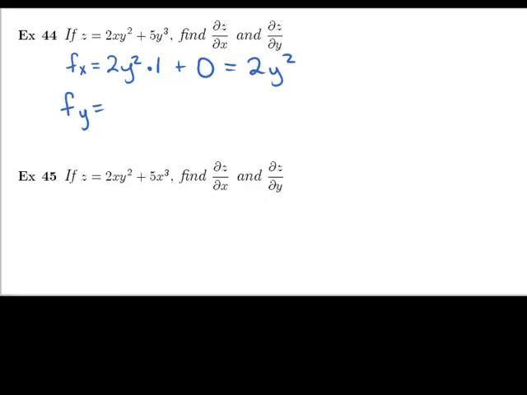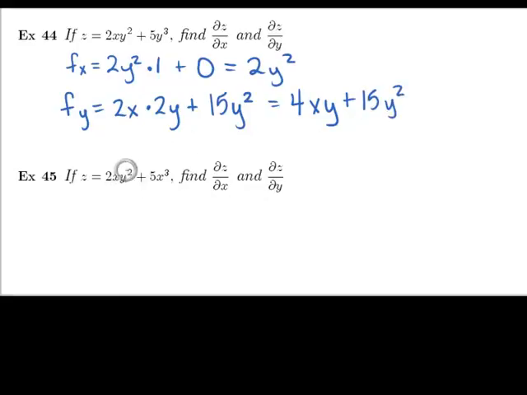For f sub y, on the other hand, we're going to keep the 2x constant, take the derivative of y squared, so times 2y, plus now we're going to take the derivative of 5y cubed, that is 15y squared. So simplifying, 2 times 2 is 4, we get 4xy plus 15y squared.